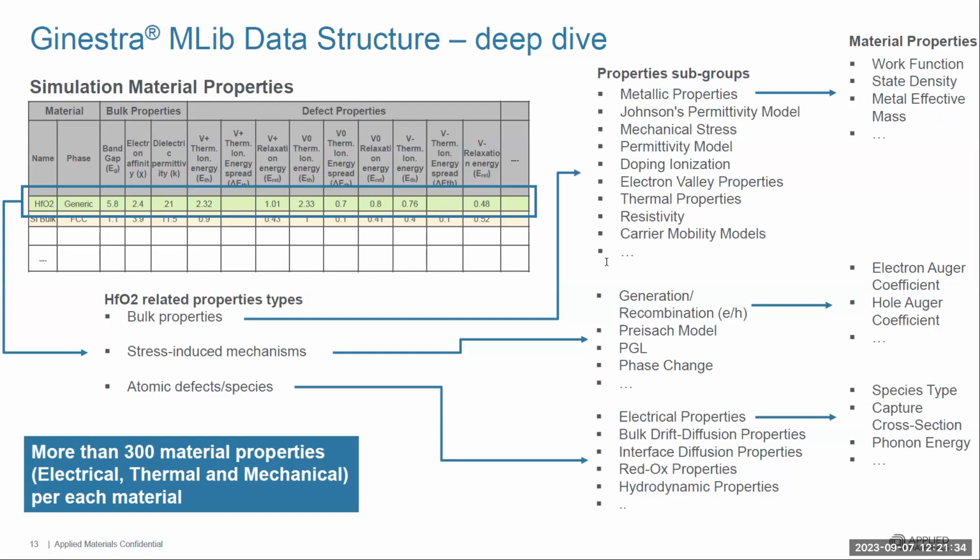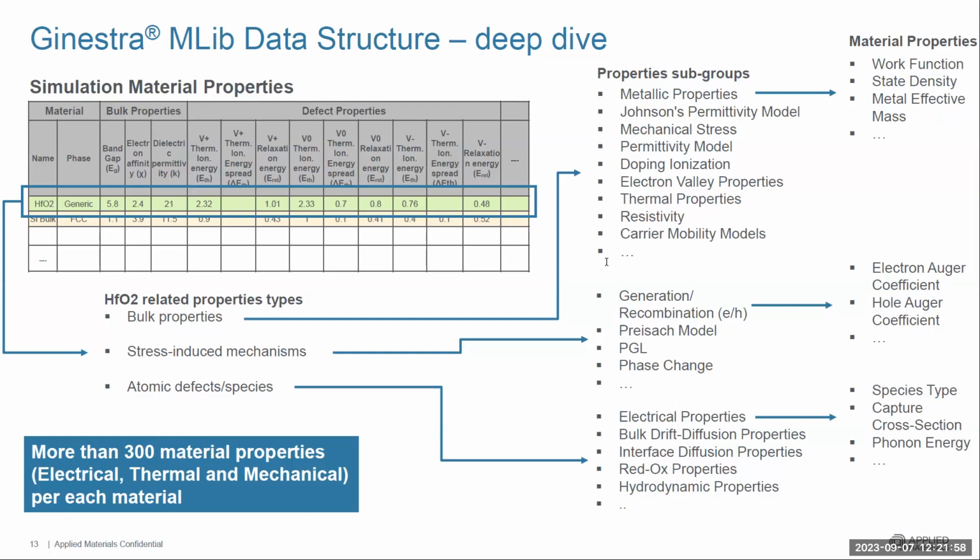In this case, we consider not only pure electrical properties; we may take into consideration some thermal or mechanical properties according to the simulation we run, because we can also simulate the temperature distribution inside the device, for instance, when there is a current flowing through it.